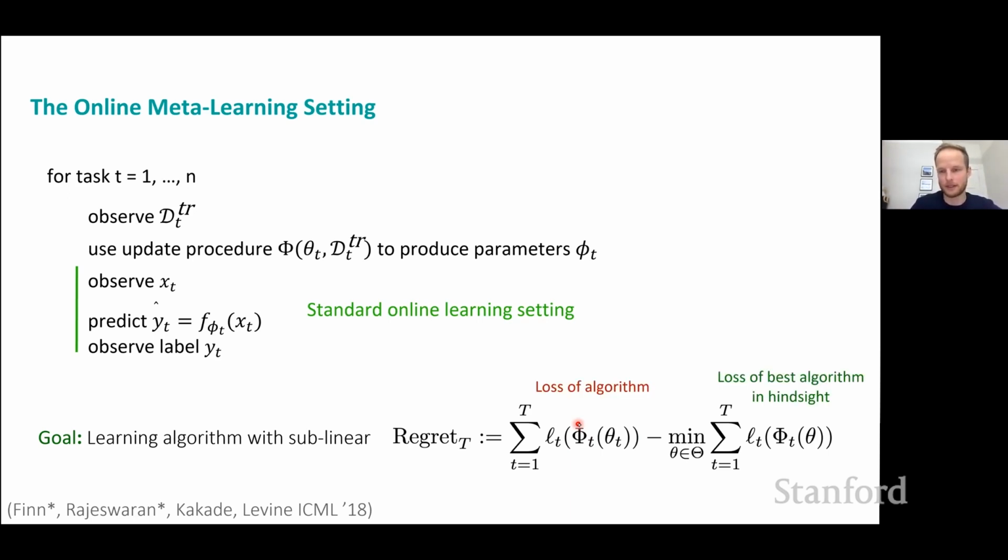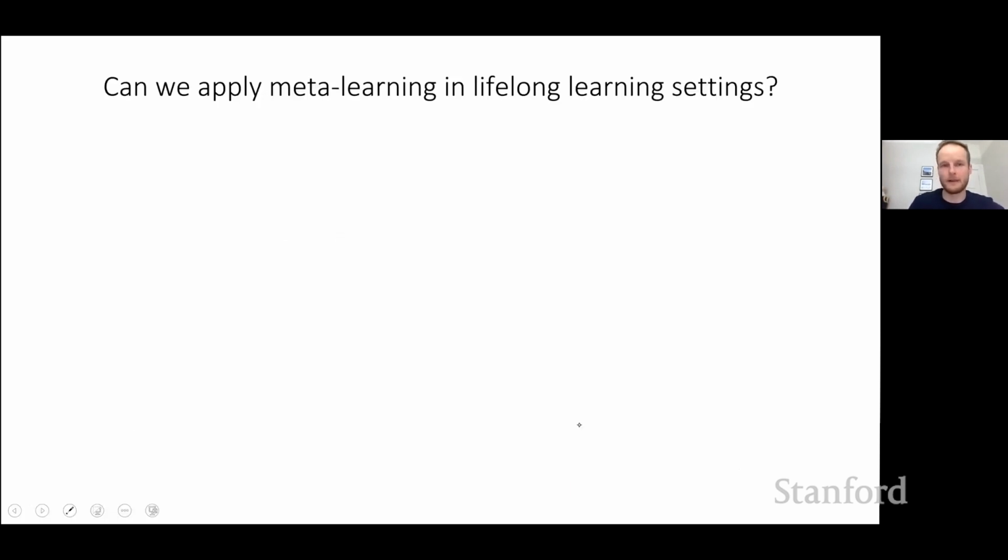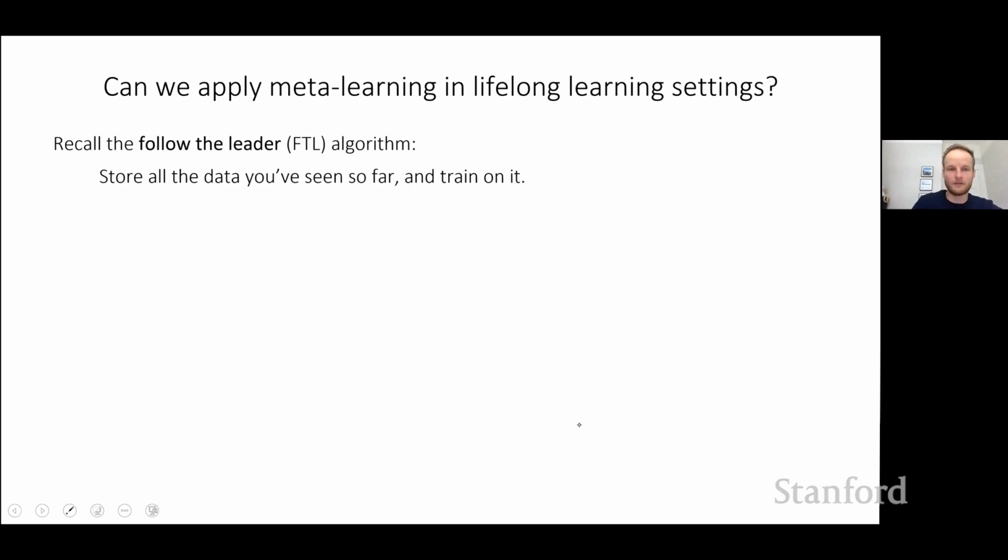So this is the loss of the algorithm, and this is the loss of the best algorithm. So the question is, can we apply meta learning in this lifelong learning setting? If you recall the follow the leader algorithm, we would store all the data we've seen so far and train on it. So we can add a small modification to this algorithm so that we can include meta learning in it as well.